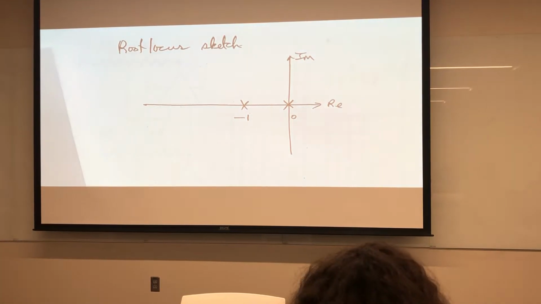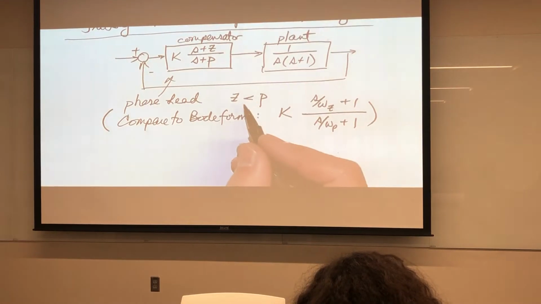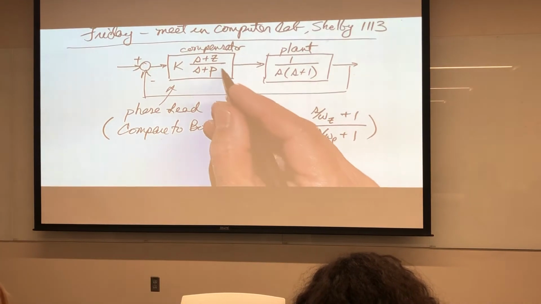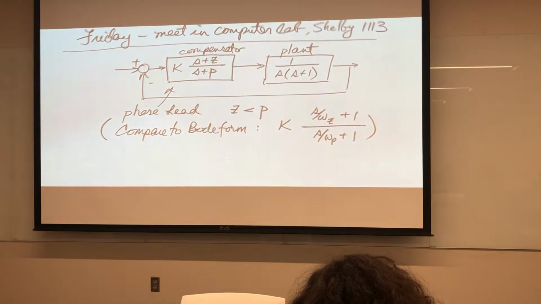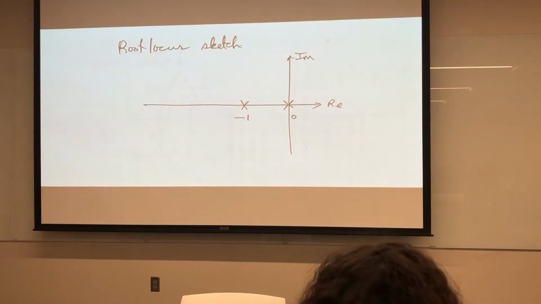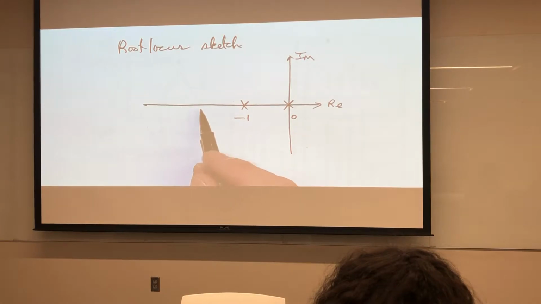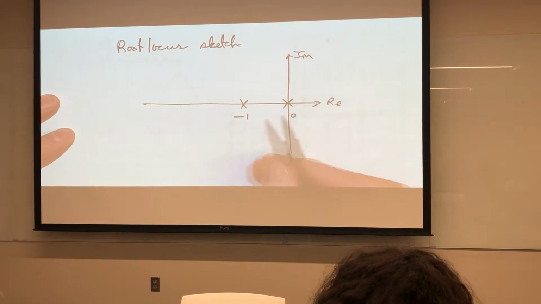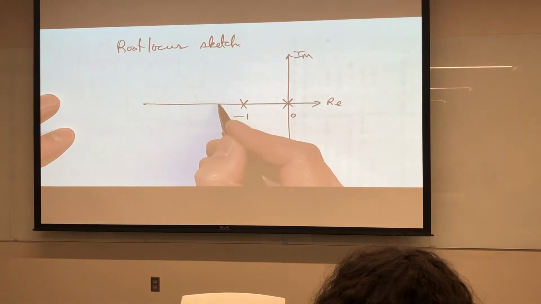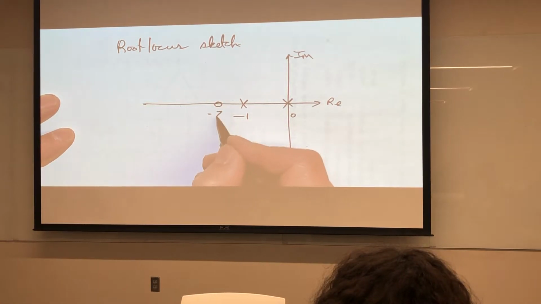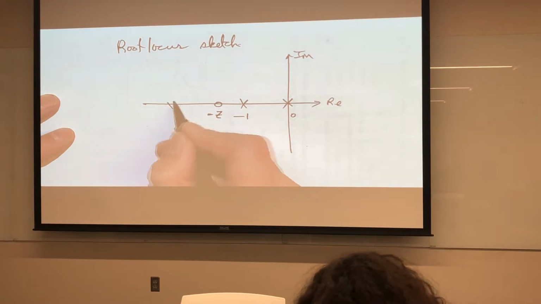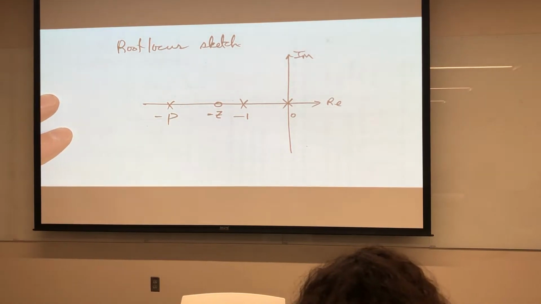Phase lead compensator means that the 0 is less than the pole. The 0 is less than the pole, and that means it's going to be closer to the origin than the pole is. So one possible design is maybe put the 0 here at minus z, and the pole here at minus p.